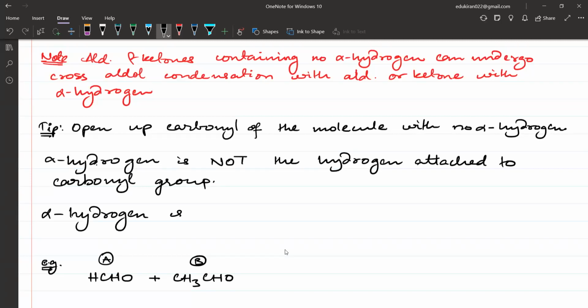Alpha hydrogen is the hydrogen attached to alpha carbon.